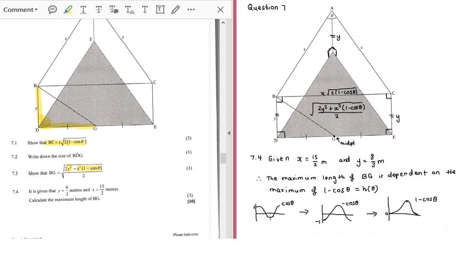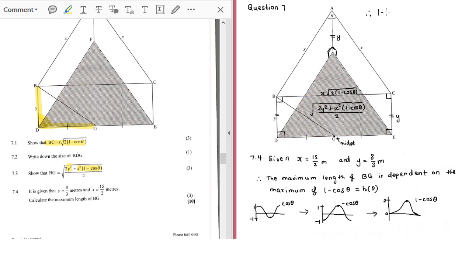We know that over here, at this minimum, that happens at negative 1. So when you flip it over the x-axis, that goes to a maximum at 1. And then that maximum at 1, if you move it 1 unit upwards, will go up to a maximum at 2. So I'm going to carry on over here.